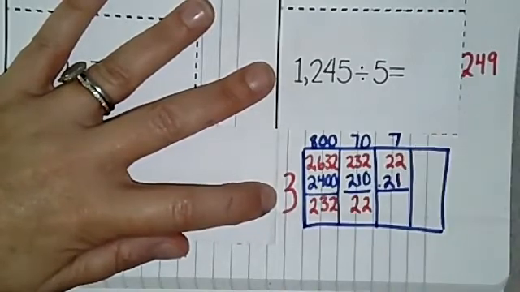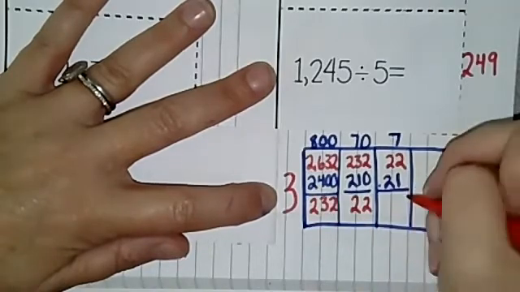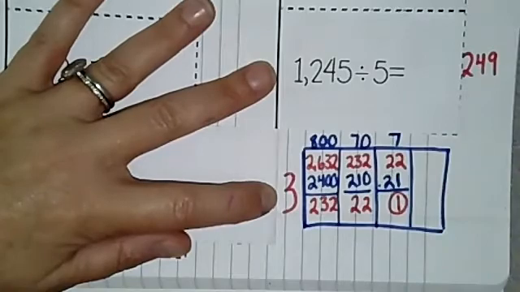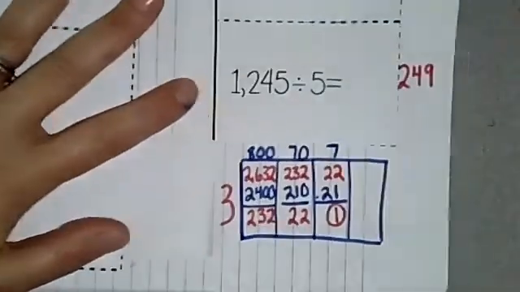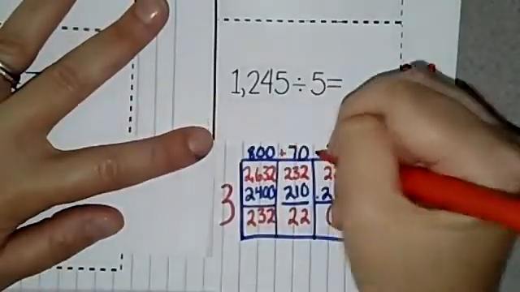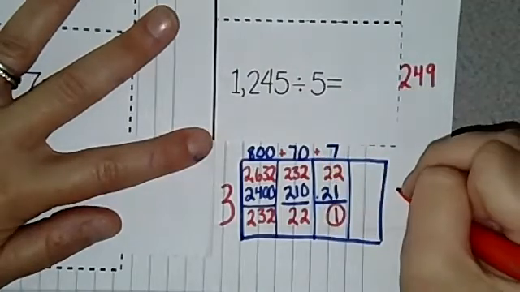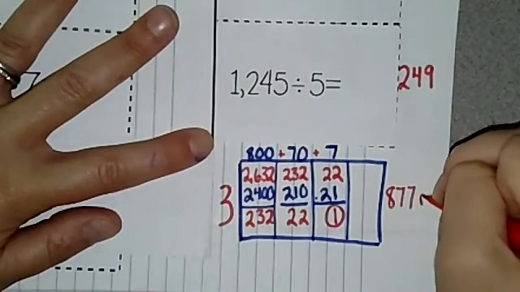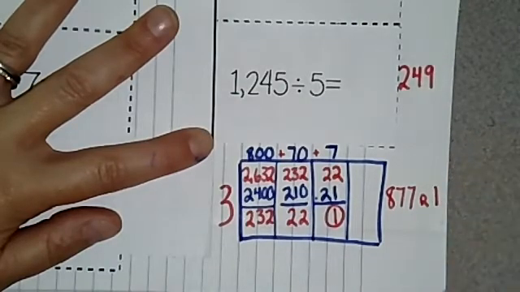And then we can subtract. 22 minus 21 is a remainder of 1. Capiche? All right, let's add them together. 800 plus 70 plus 7 is 877. Remainder of 1.